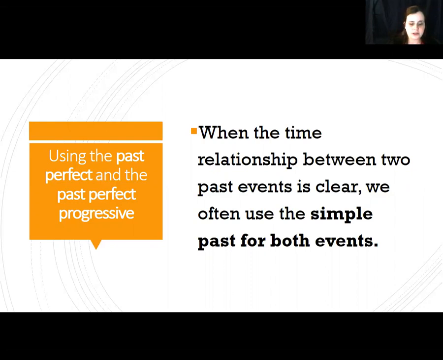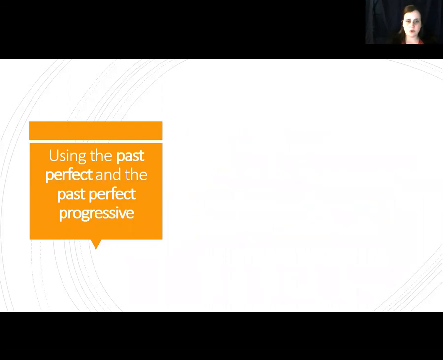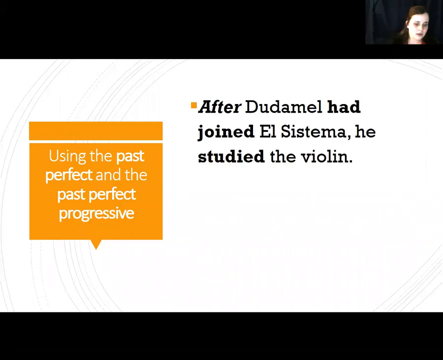If you're using phrases such as before, after, and as soon as, you'll probably use the simple past for both. So for example, both of these examples I'm showing you are correct. I'm just going to tell you which one you're more likely to hear.